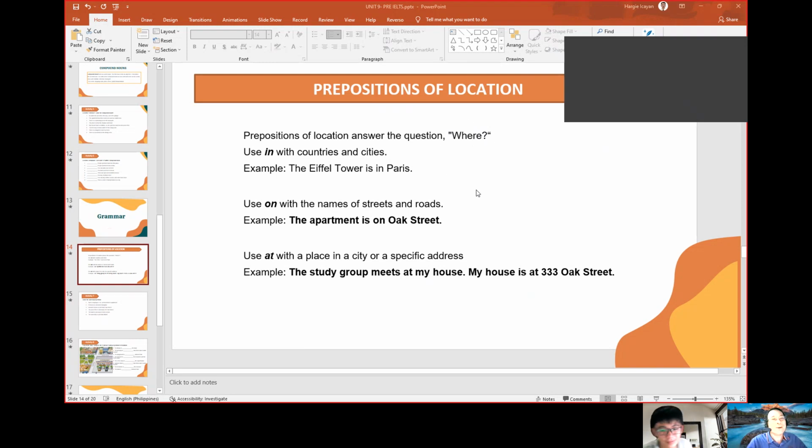Okay. When do we use prepositions such as in, on, and at? Where do we use them? We use in with countries and cities. If we are talking about countries, like Vietnam, Philippines, Thailand, India, United States, Canada, we have to use in.